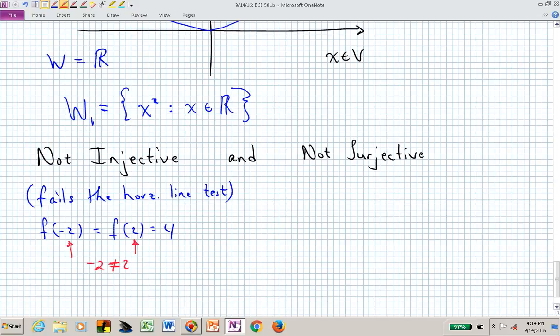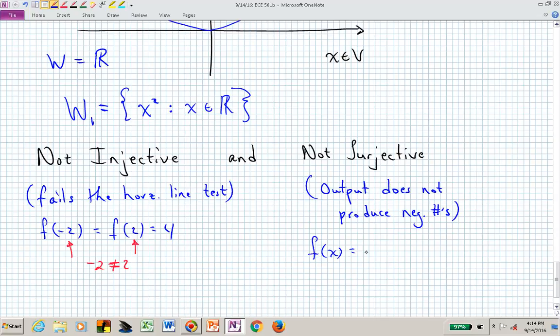And it's not surjective, since the output does not produce negative numbers.